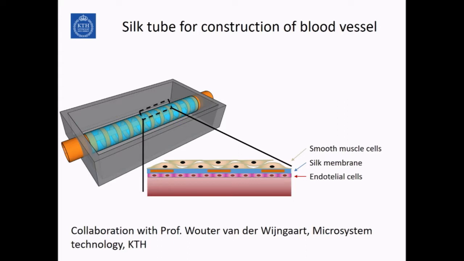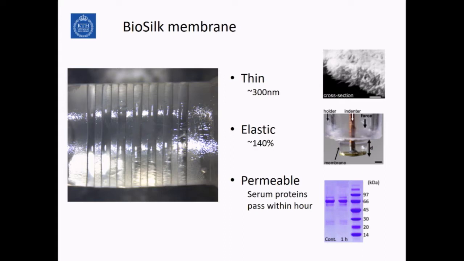So we get help from them to construct a special culture well with a frame that can support a blood vessel. And on this frame, we make a thin silk membrane that is less than half a micrometer. Still, this silk membrane is strong enough to be able to handle, and it also has a very good elasticity.